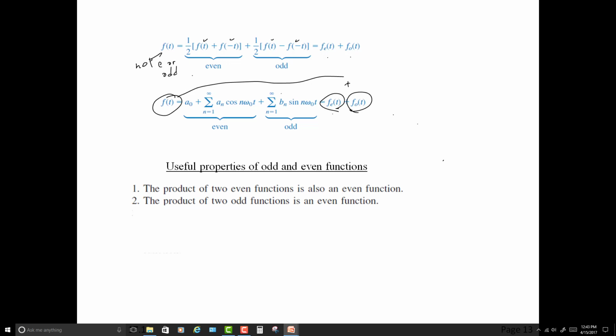All of those are odd, okay? 3 times 7 is 21, right? What else? What's 3 times 15 then? 45. Things remain odd. But in this, the product of two odd functions turns out to be even.